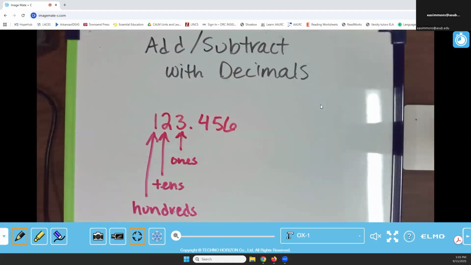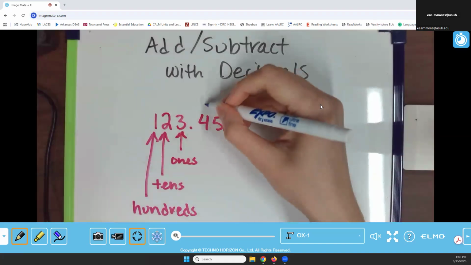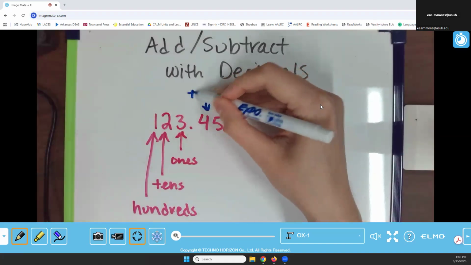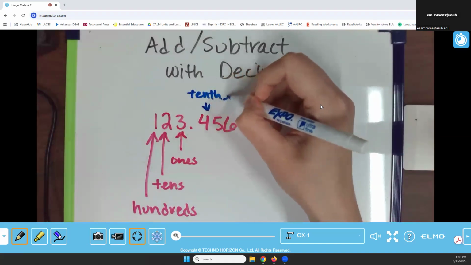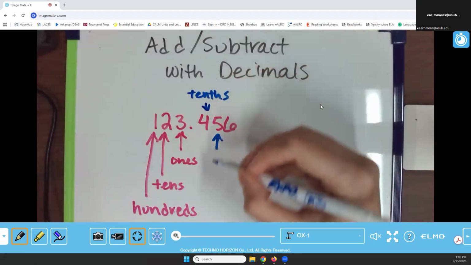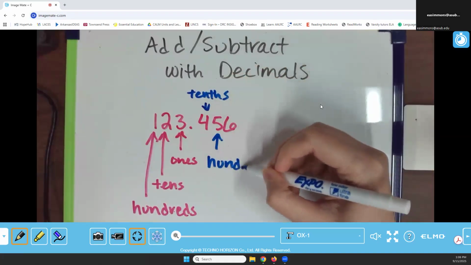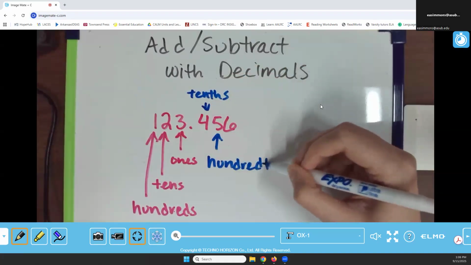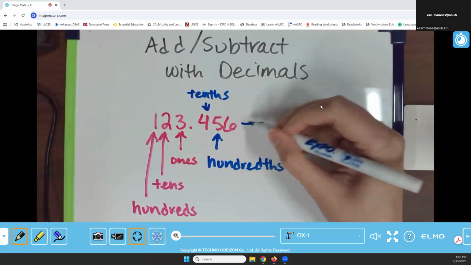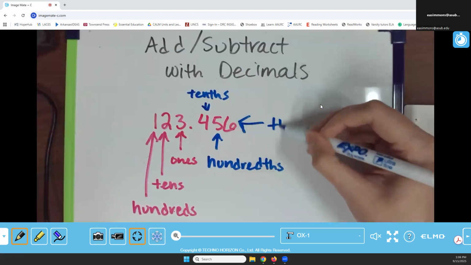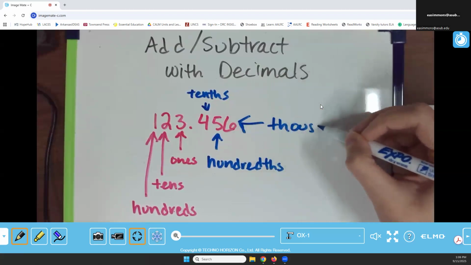Then for our decimal, we've got our 4 in our tenths place. Our 5 is in our hundredths place. And our 6 is in our thousandths place.